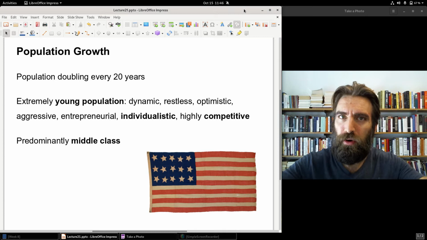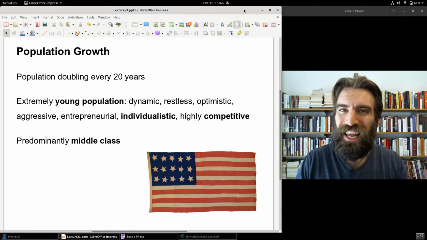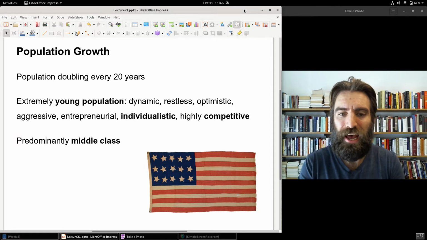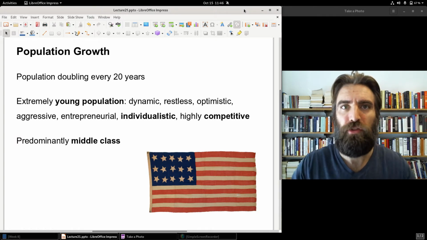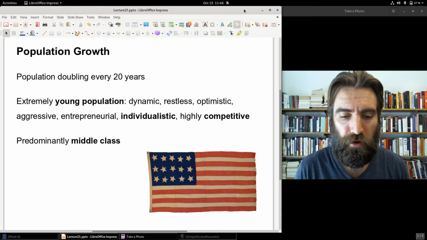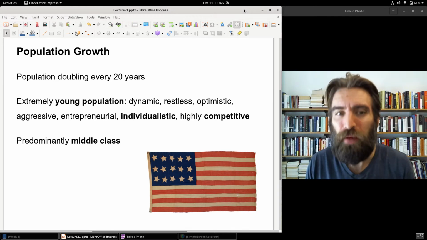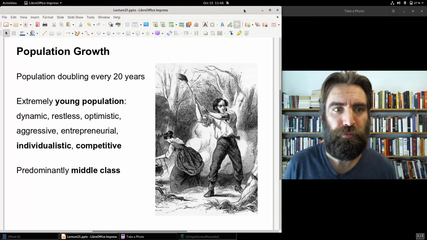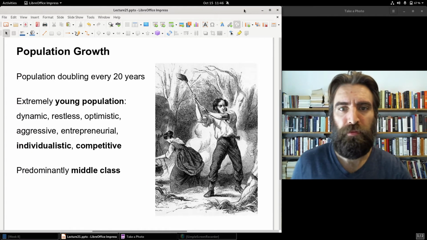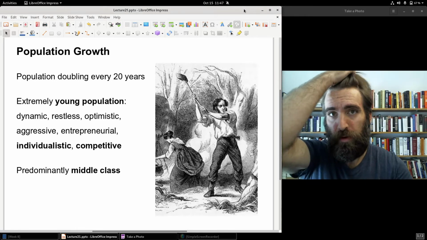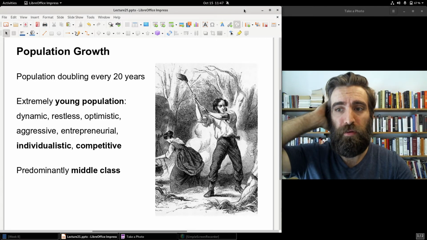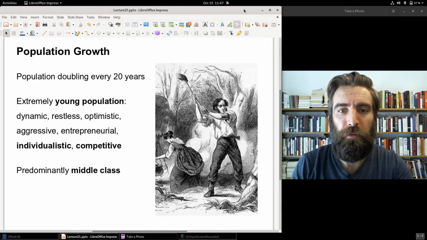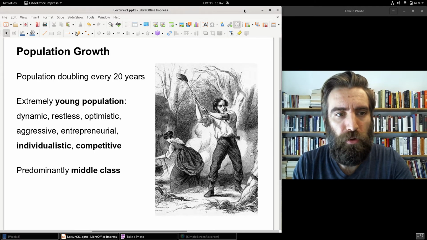It's not an equal distribution, but it's not as rigidly structured, the class system, or if you can even describe this as a class system. Part of the reason for this perhaps was the abundance of land, which made it relatively easy compared to Europe to own your own farm.